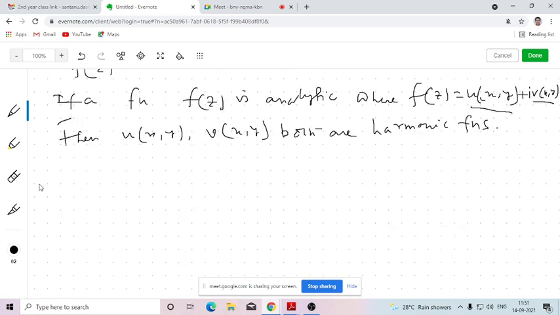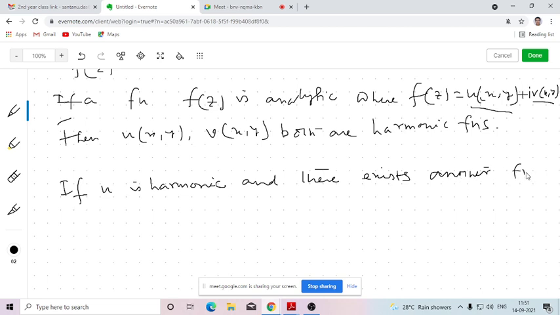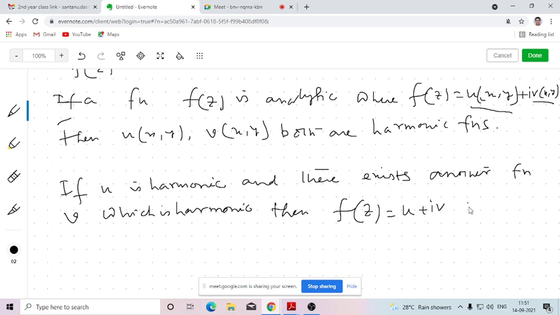That means if u is harmonic and there exists another function v which is harmonic, then f(z) = u + iv is analytic.